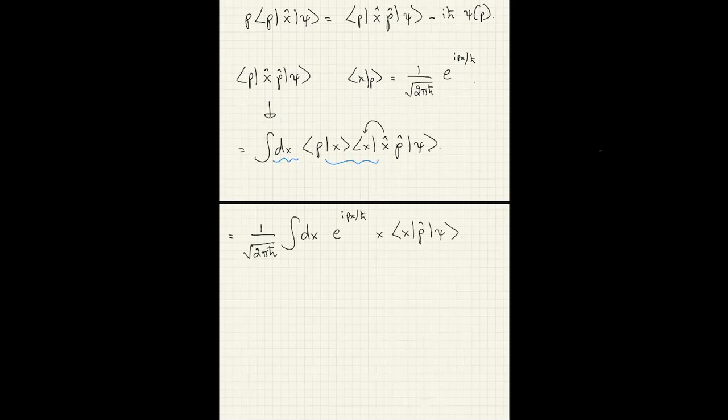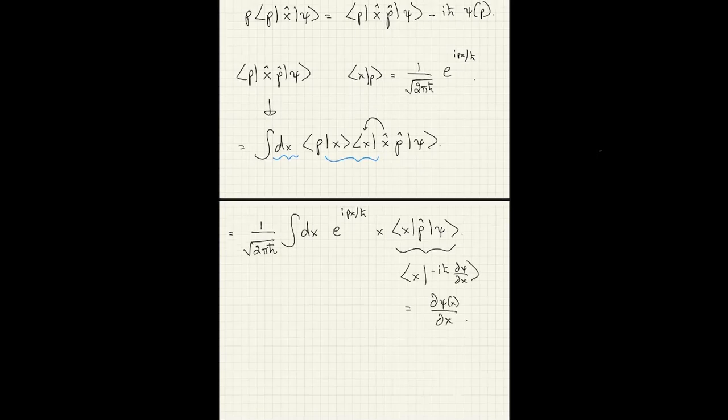Now notice that this is basically what I mean when I talk about the momentum operator in the x representation. So this function is basically x times minus iħ d psi/dx, which is basically the function d psi of x/dx. This is well known to you.